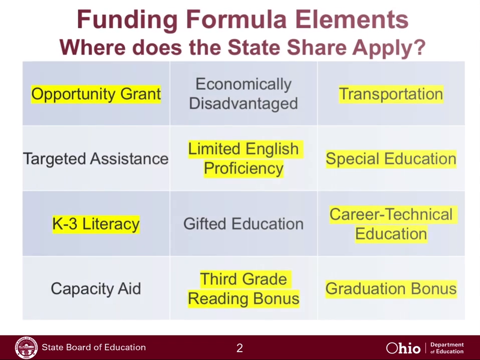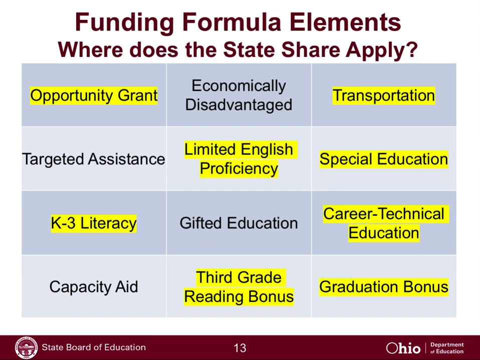So on the next slide, we basically highlight the different components where the state share applies. In other words, the opportunity grant, which as you recall is the biggest pie slice of the foundation formula, is clearly an area where the state share percentage applies. The same with special education funding.